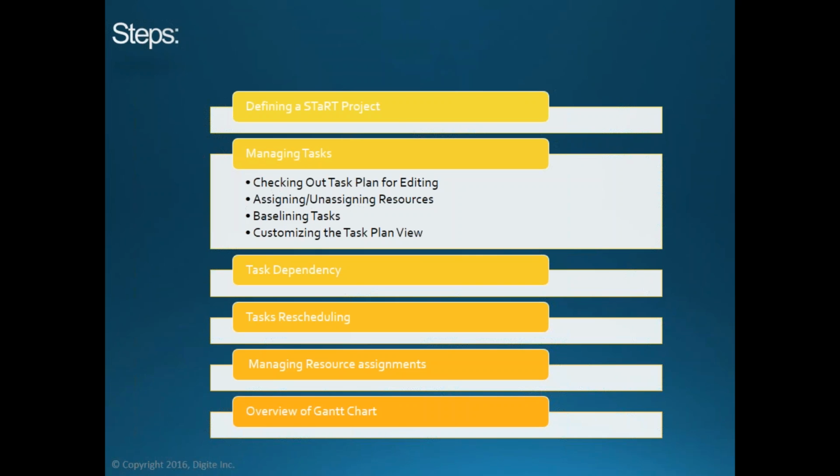So we'll discuss these finer points in detail when we go to the application. Then we also have task dependency. We can establish links between two tasks or multiple tasks. We can do rescheduling of tasks. We can manage resource assignments. We can have one or many resources assigned to multiple tasks. And then we'll have a look at the Gantt chart.